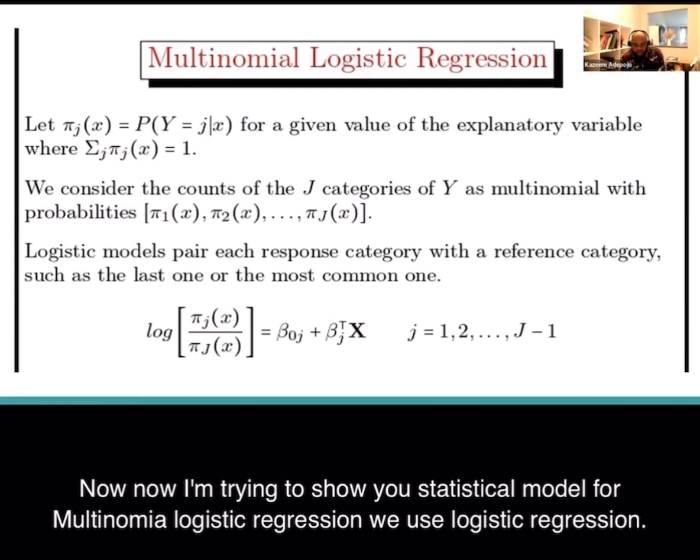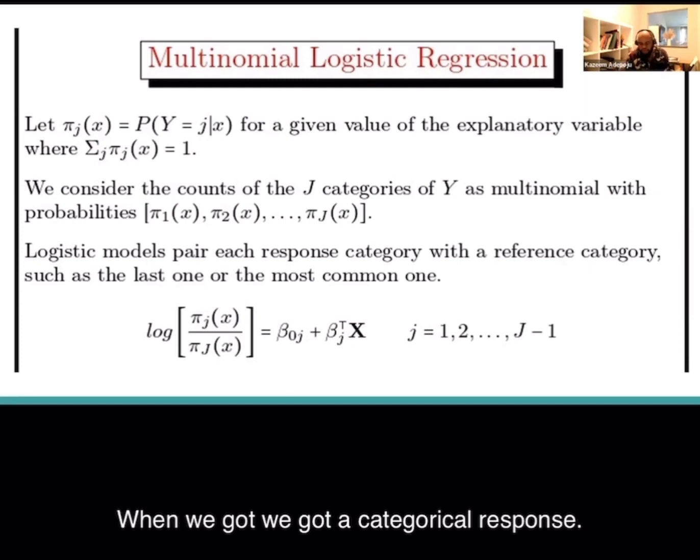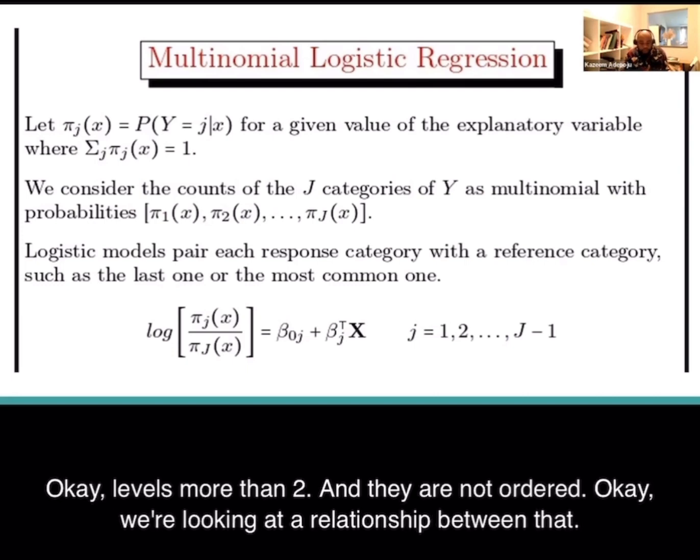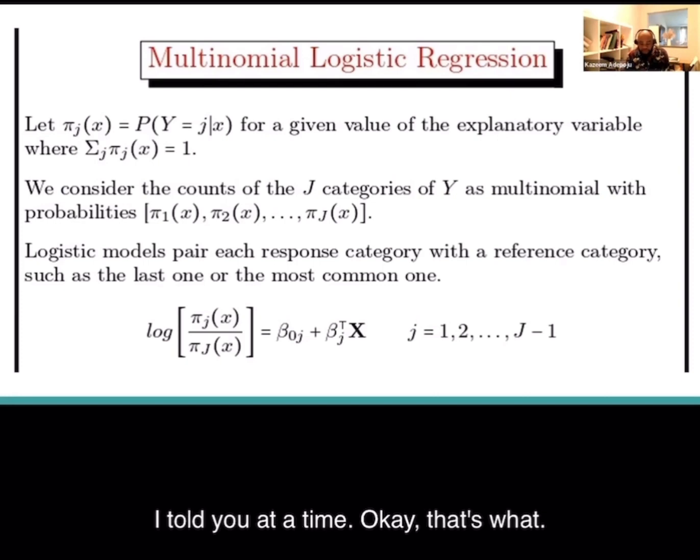Now, I'm trying to show you the statistical model for multinomial logistic regression. We use logistic regression when we have a categorical response with more than two levels that are not ordered, and we're looking at the relationship between that and some explanatory variables.